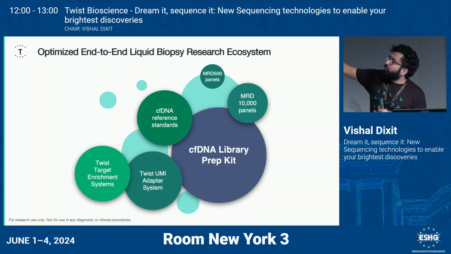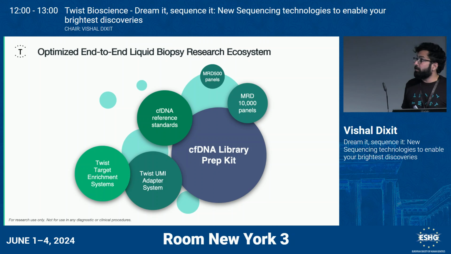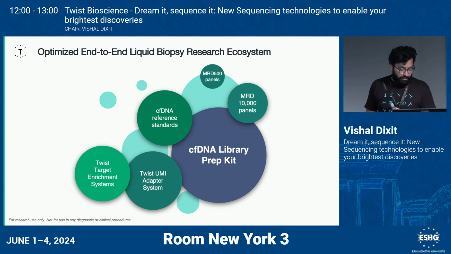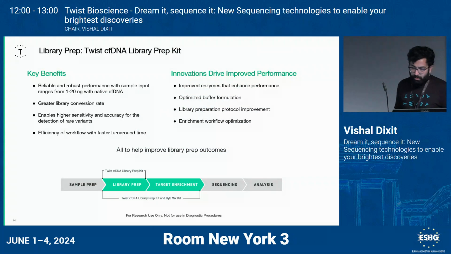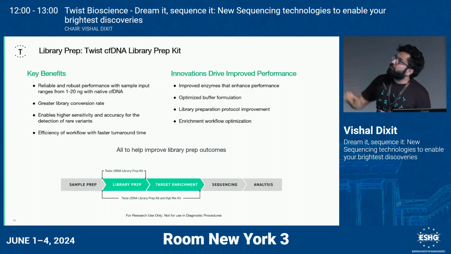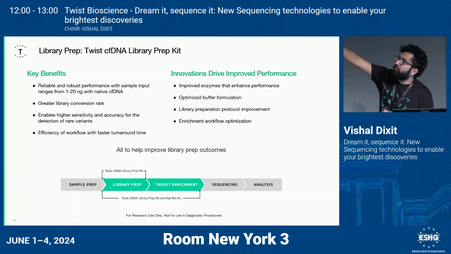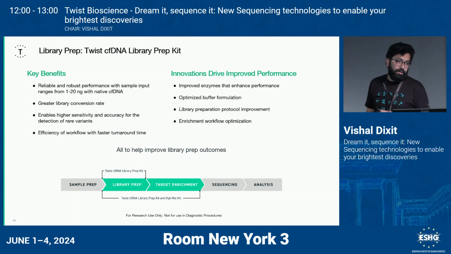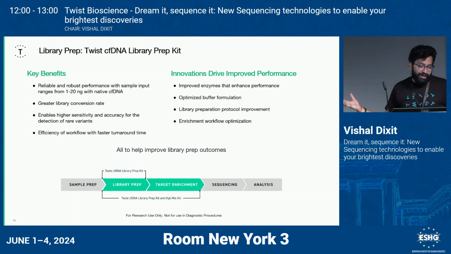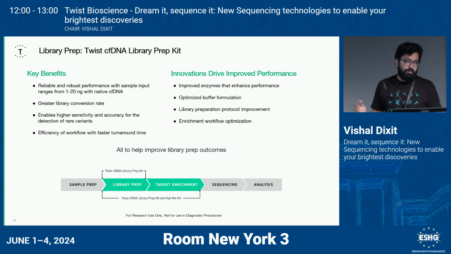And what I am going to talk about today is the cell-free DNA library prep kit, which is, again, quite appreciated by a lot of labs in Europe. The key selling point of our library prep kit is reliable and robust performance. You can start with even 1 nanogram of cell-free DNA. And that's not just what we are saying from my marketing team, but I have seen in the labs also that they are using 1 nanogram of cell-free DNA to convert to a library with high complexity.